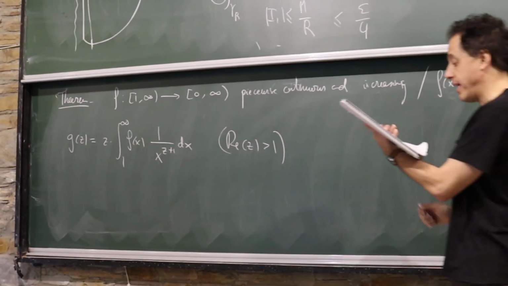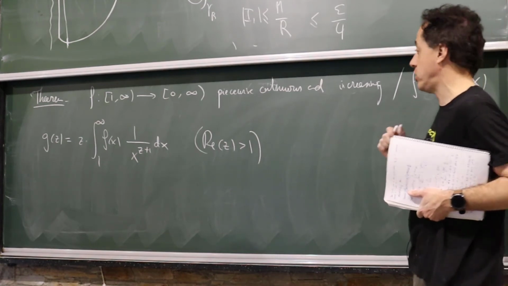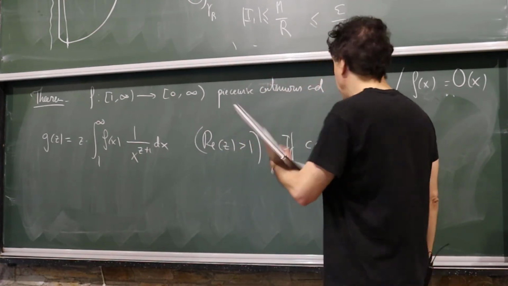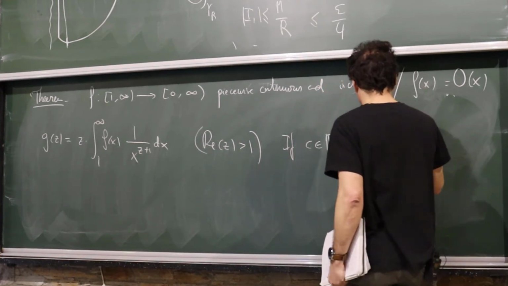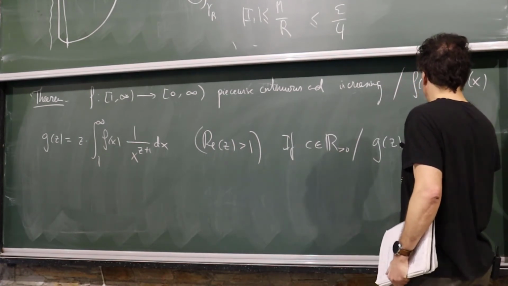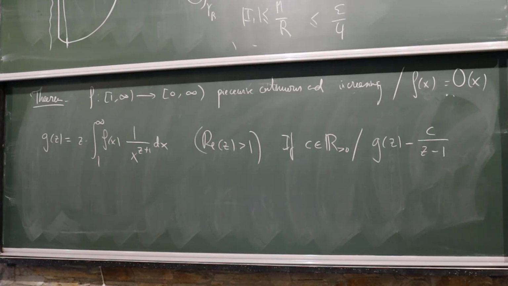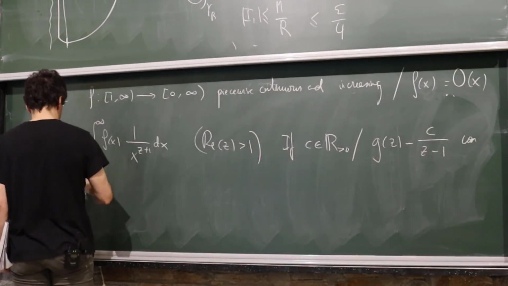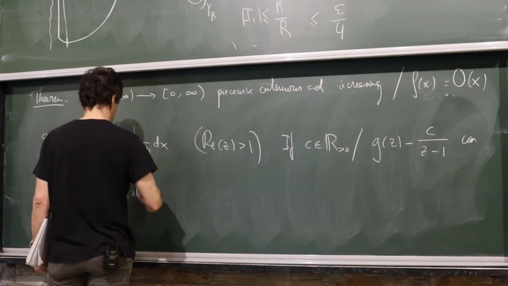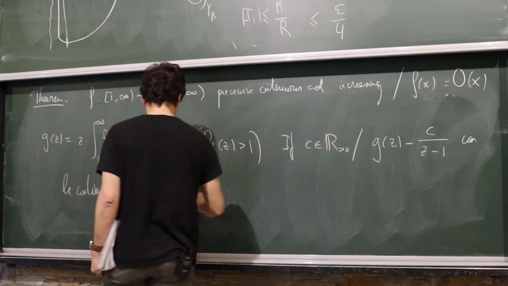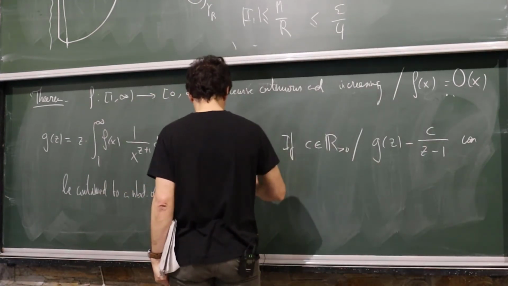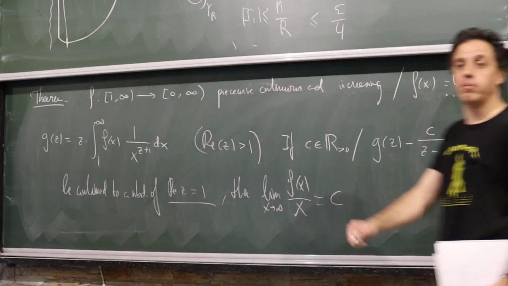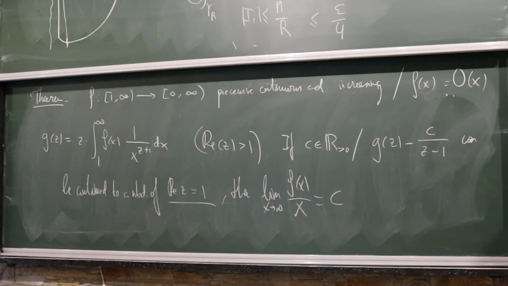And if it turns out that there exists some positive real number c such that the function g of z minus c over z minus 1 can be continued to a neighborhood of real part of z equal to 1, then the limit of f of x over x is equal to c. This function can be continued in this way.